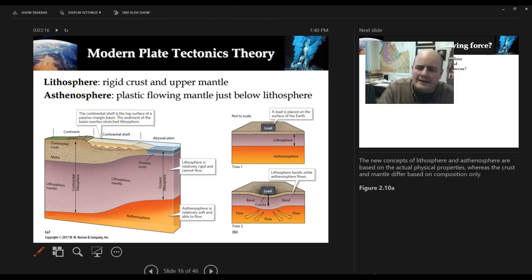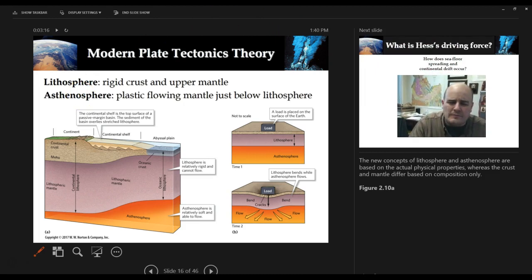Okay, that is actually quite ductile. Kind of like what I showed you earlier with my silly putty, where something can actually move slowly over time. It's kind of this plastic.